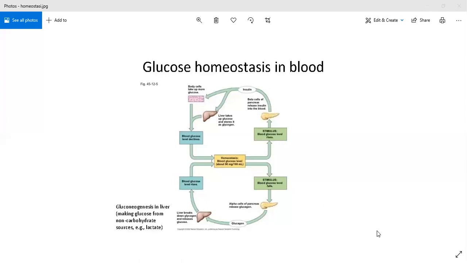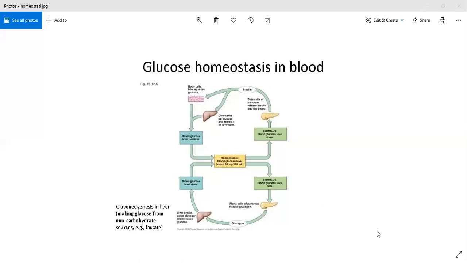Why will you have that? Because without glucose, there is no energy. So if your blood glucose level falls so low, say to 60 milligrams per mole, it means that all your cells and tissues cannot get enough energy. Why? Because they get energy from glucose.